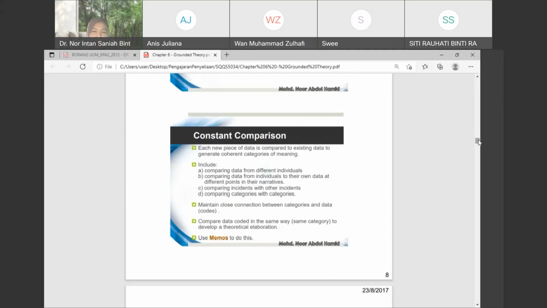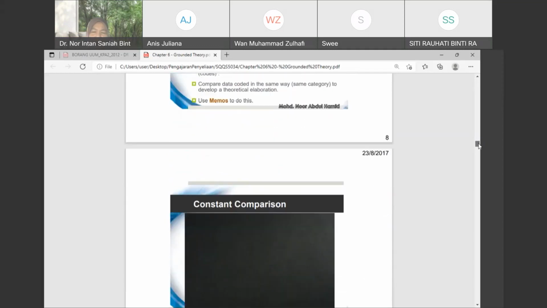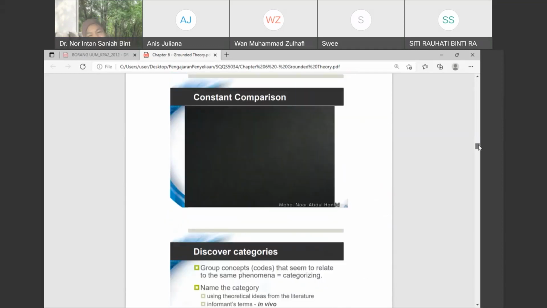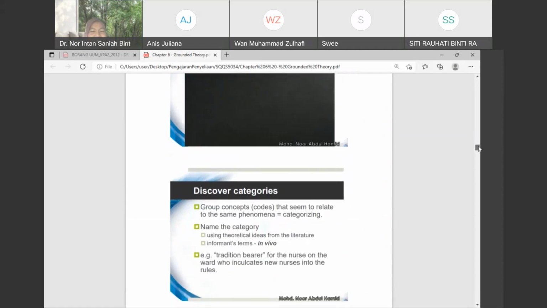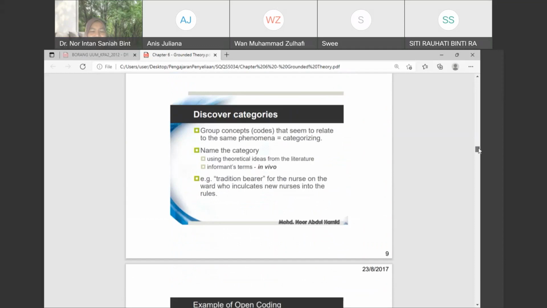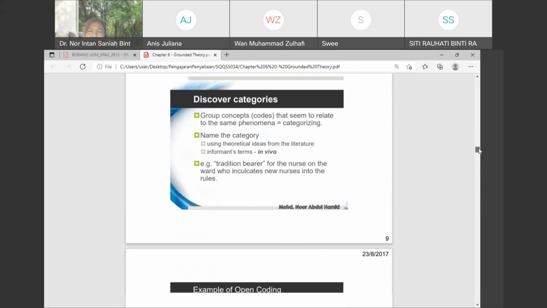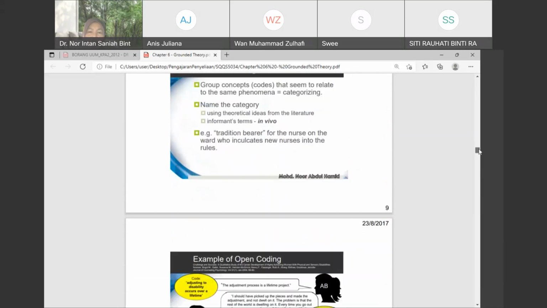Then there's the constant comparison, and then we know what it means. Or discovering categories. Then we look at how to categorize them, how you determine the categories to relate to the same phenomena.